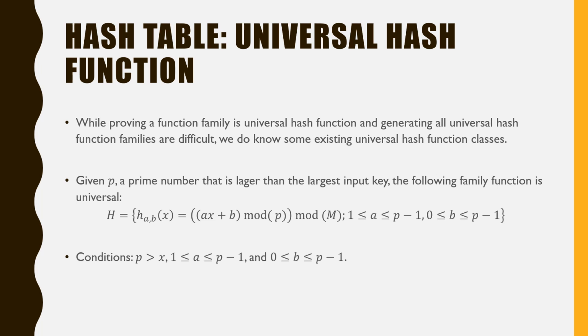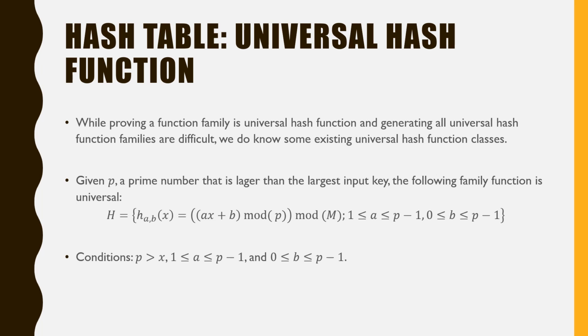In this function, there are three parameters whose values need to be determined, which are a, b, and p. We have several restrictions on the values these parameters can take. The parameter p needs to be larger than the largest input key.